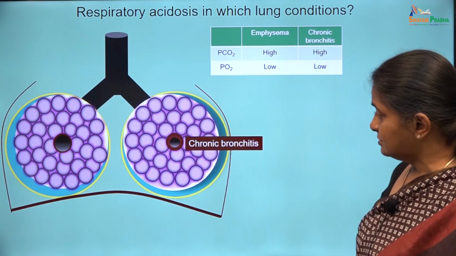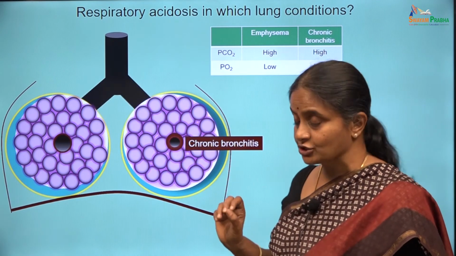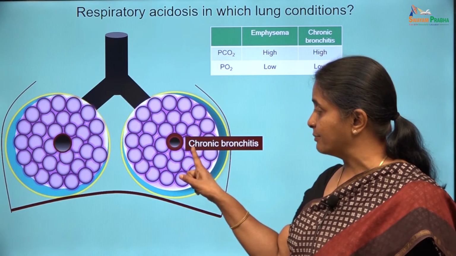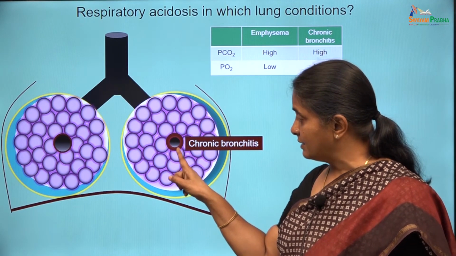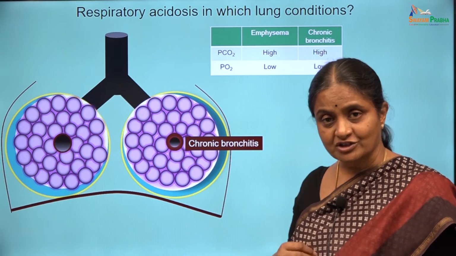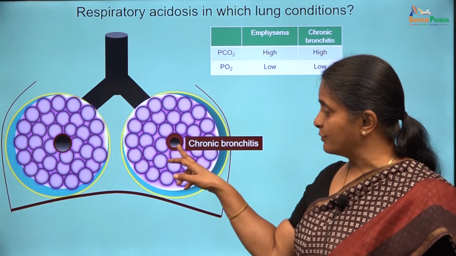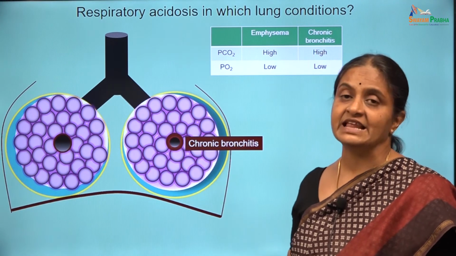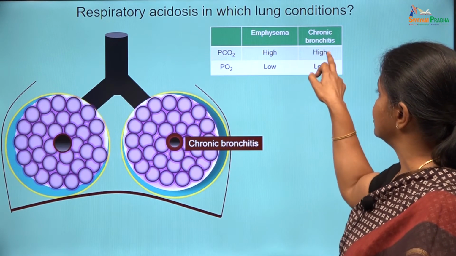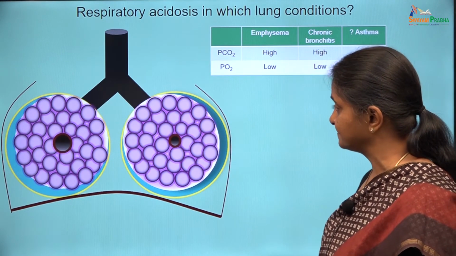The other condition, which is also classified as a chronic obstructive pulmonary disease along with emphysema, is chronic bronchitis, where the walls of the bronchi are inflamed, there is so much mucus, and the bronchial lumen has narrowed. It is again an obstructive disease, and here there is going to be respiratory acidosis.